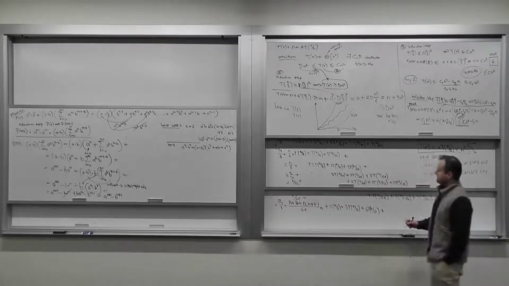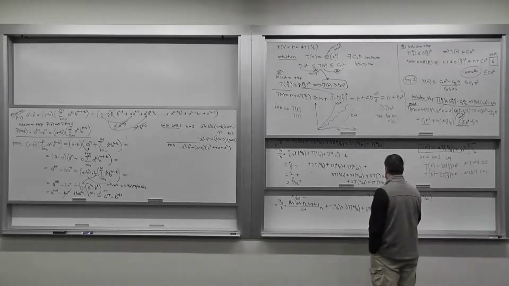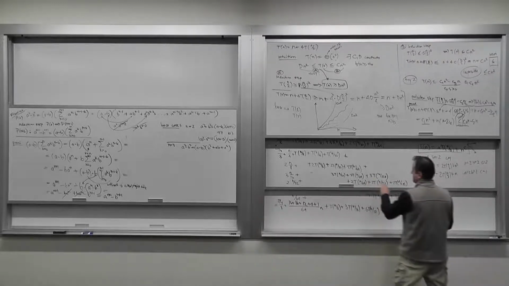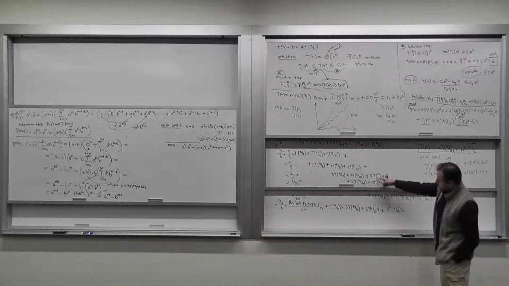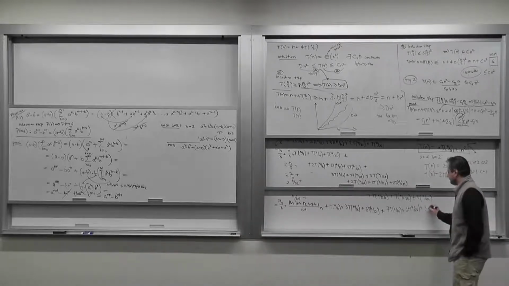How many 64s do I got? 7? This is 6 again. This is 3.